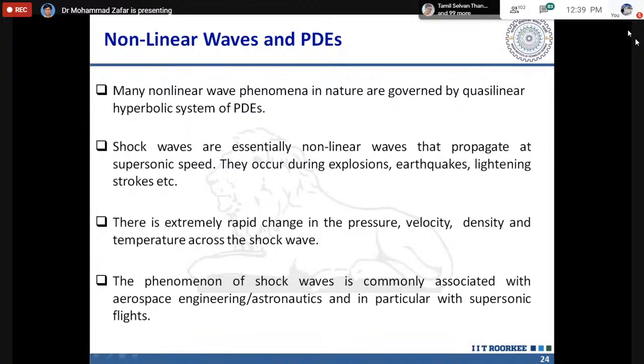They occur during explosions, earthquakes, lightning strokes, etc. Also, a very important thing to be noted here is that there is a rapid change in pressure, velocity, density, and temperature across this shock curve. And the phenomenon of shock waves is commonly associated with aerospace engineering and astronautics also, with supersonic flights.